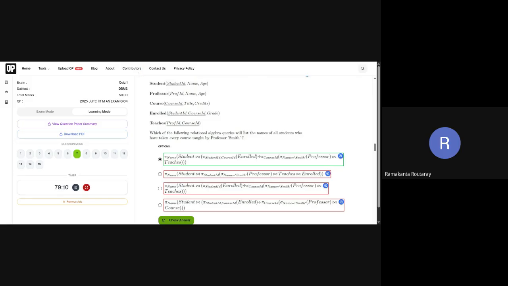That means it will include every teacher. It is not filtering out only Smith, which is done by the division operator in the first, C and D. So the division operator is required to filter out the list of students by Professor Smith. Option B is joining all teachers, including Smith also.